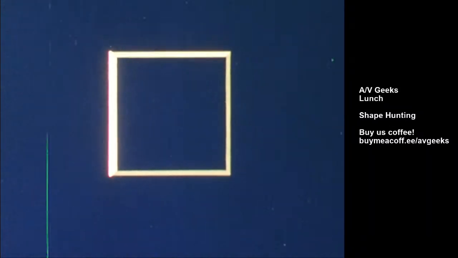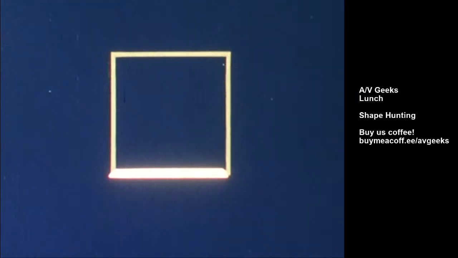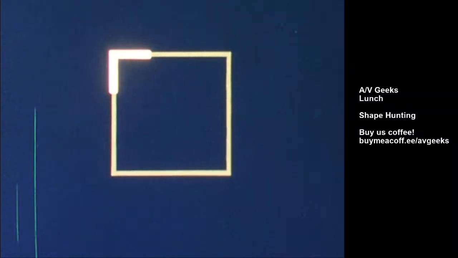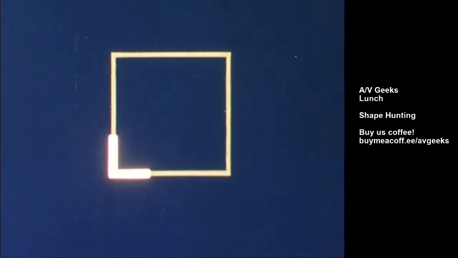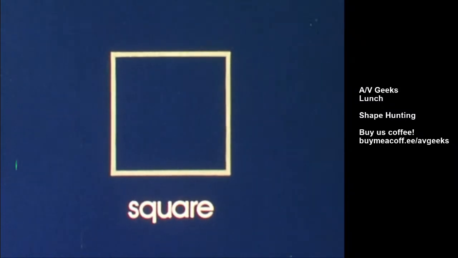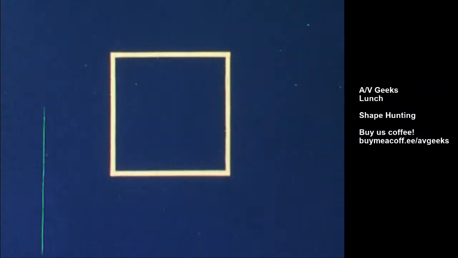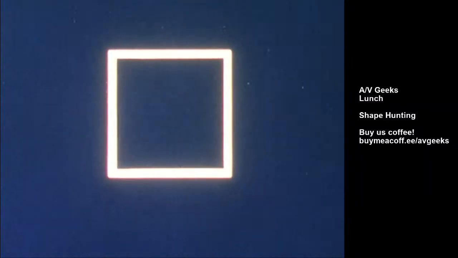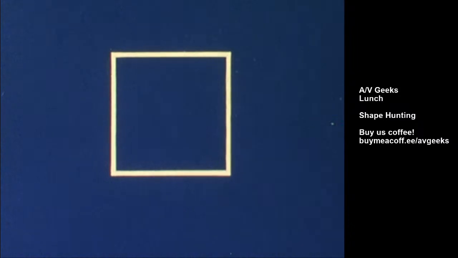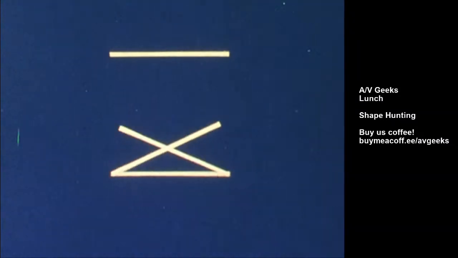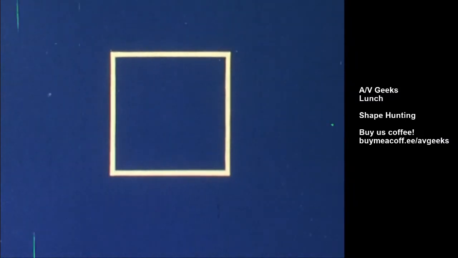Four equal sides and 4 square corners. What am I? A square. I am really a special kind of rectangle because my sides are all the same length. That's what makes me a square. Now let's look for squares like me.